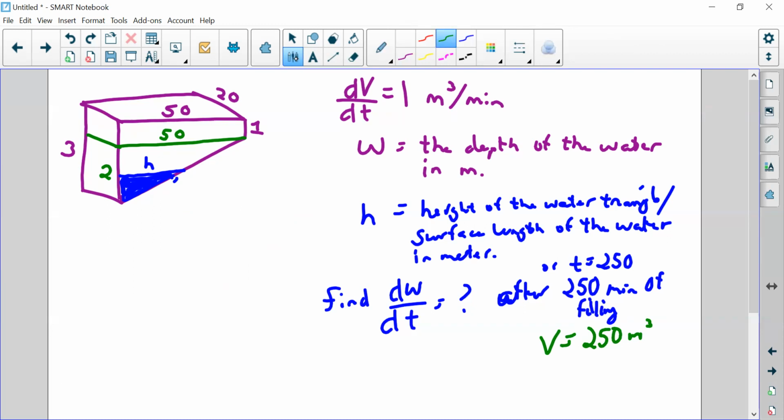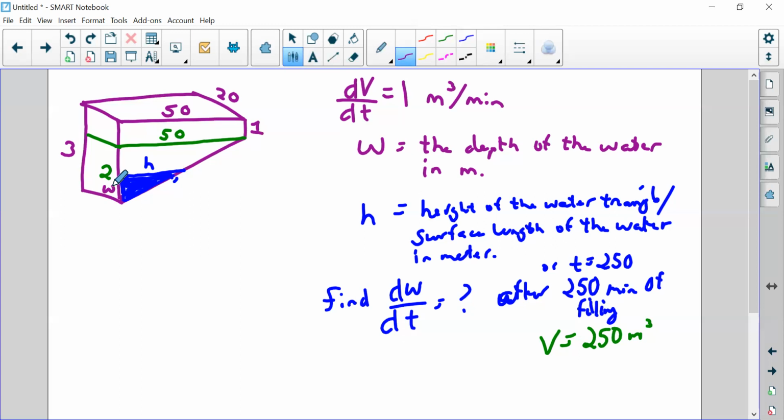All right, so let's see. We got the depth of the water, so that's W right there.